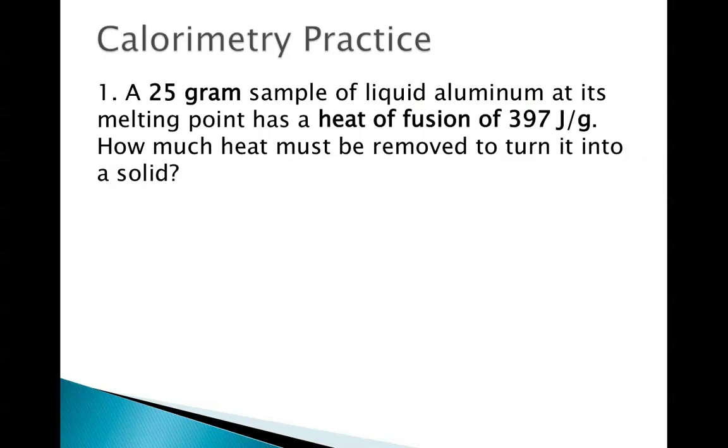Here we have a 25-gram sample of liquid aluminum at its melting point, which has a heat of fusion of 397 joules per gram. How much heat must be removed to turn it into a solid? So our equation is Q equals mHf. This is because we're talking about a liquid going into a solid, so that's why I've selected the Hf. I'm going to plug in my variables.